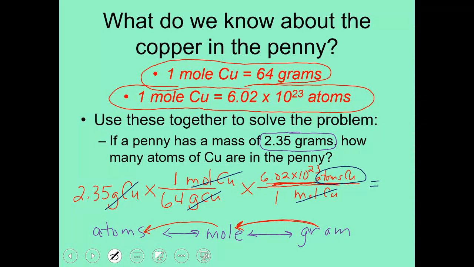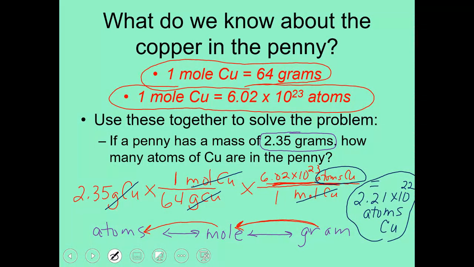And our only label will be atoms of copper. And when I do that, I took 2.35 times 1, divide by 64, times Avogadro's number, divide by 1. I got 2.21 times 10 to the 22nd, and that is atoms of copper. Now, I would never be able to individually count the atoms of copper in a penny. First of all, there's way too many of them to count.